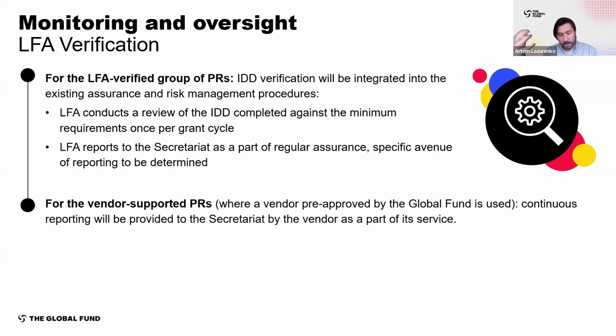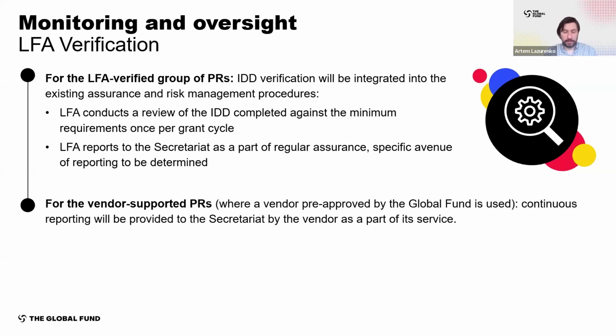As they do the assurance, they would also verify that an IDD program is in place, and we will be verifying specifically the minimum requirements that I have talked about. So the populations that are specified in the minimum requirements, that they have been checked against the specific restrictive measures lists.